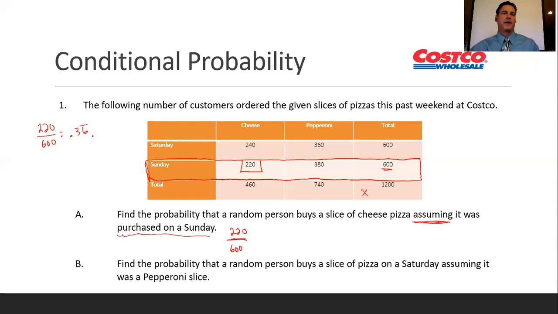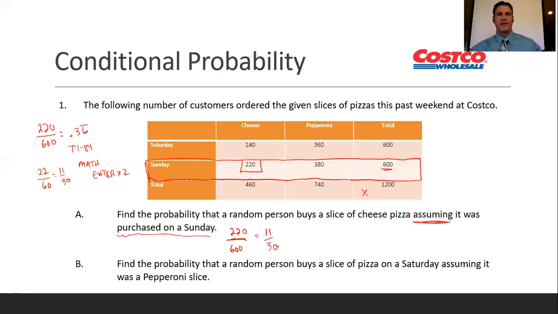If I want to change this back to a fraction, on your TI-84 all you have to do is hit math and then hit enter twice. Then it puts it into its lowest form. Some of us do this in our head kind of quickly. That's really 22 over 60, which is 11 over 30.